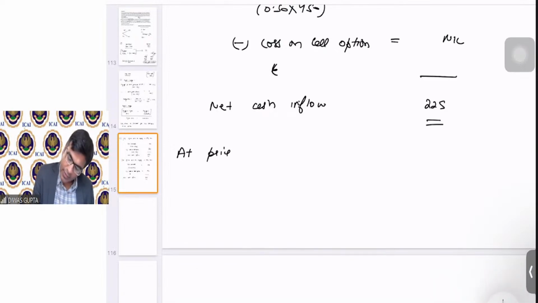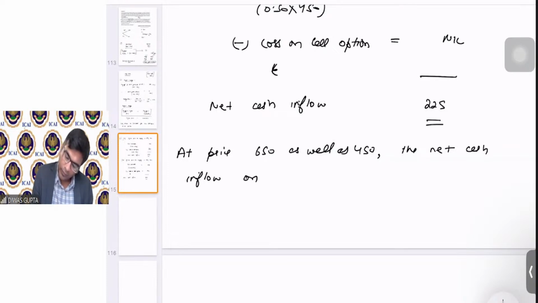At price 650 as well as 450, the net cash inflow on expiry remains the same.